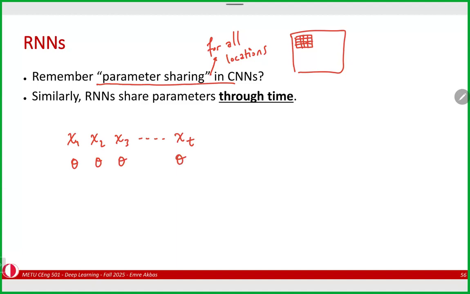So you have a function f, which takes x, and it has these parameters theta, and those same parameters are used at every step. But there is also something called the hidden state, which I will talk about. And that carries the summary of the sequence up to that point. So that hidden state is also something new, which did not exist with MLPs and CNNs.